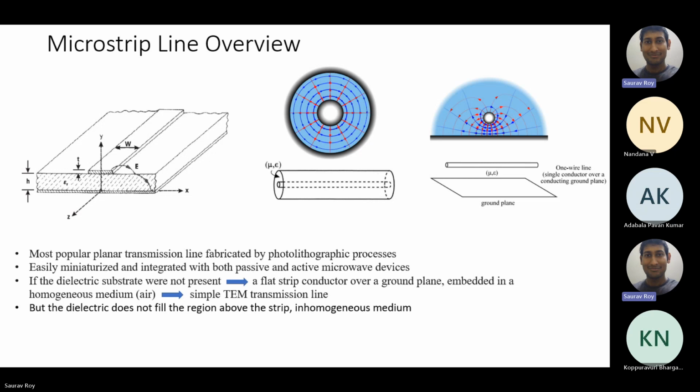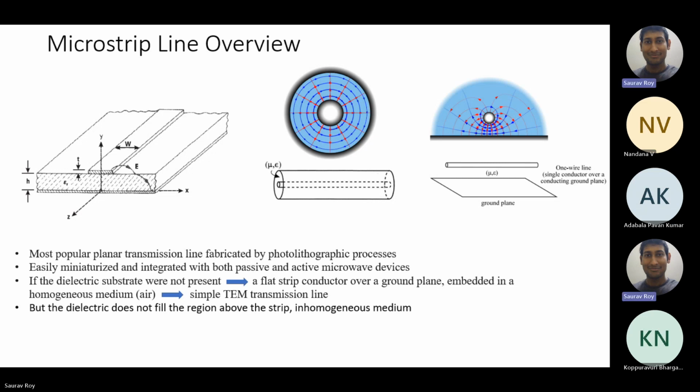The height of the substrate is h, t is the thickness of the strip itself, and w is its width. So the main parameters are w, the width of the microstrip line, and h, the height of the substrate. These are the two vital components, w and h. I hope that from the picture you can understand what w and h are.